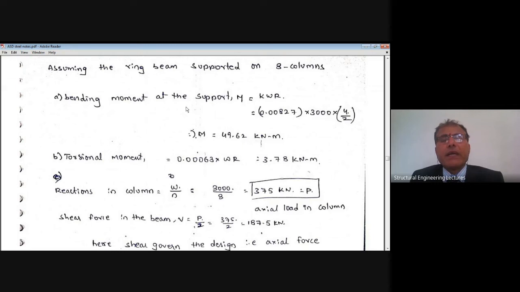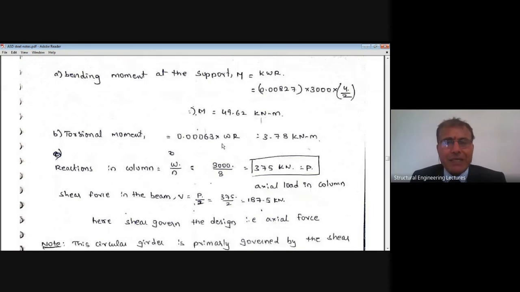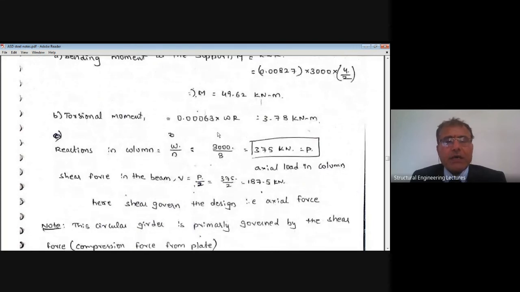Therefore, the bending moment at the support M = K W R, K is equal to 0.00827 for 8 number of columns, multiplied by W, total weight on the girder, 3000 kilonewton, radius 2 meters. It works out to around 49.62 kilonewton meter as the negative bending moment at the support.